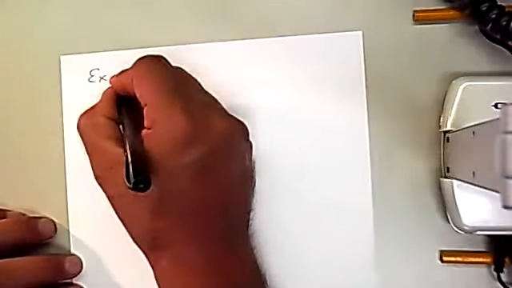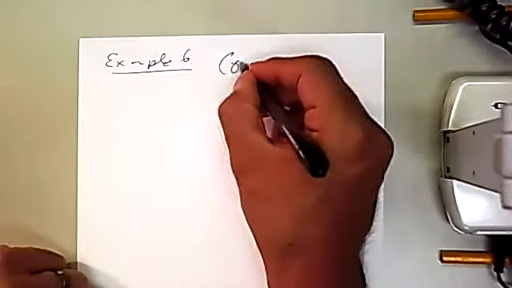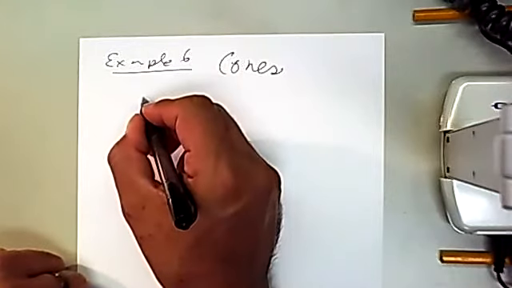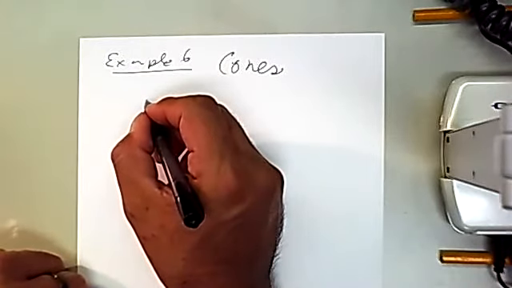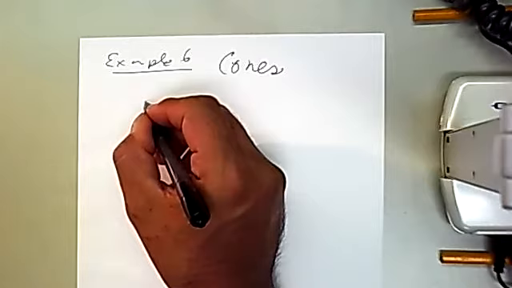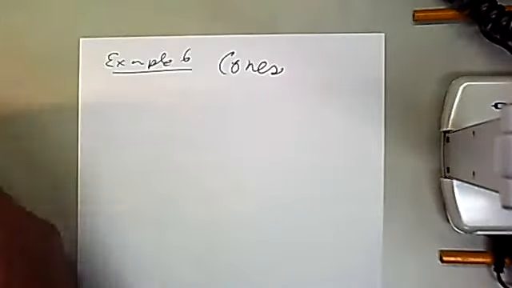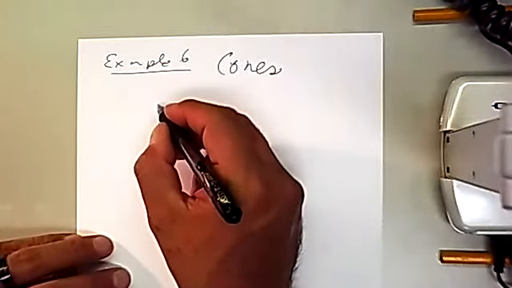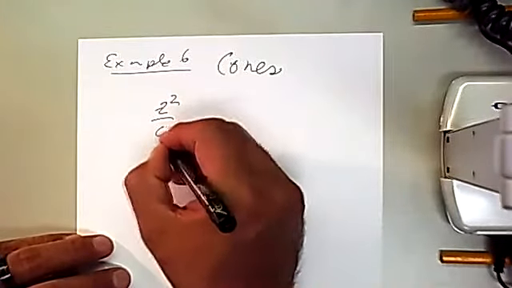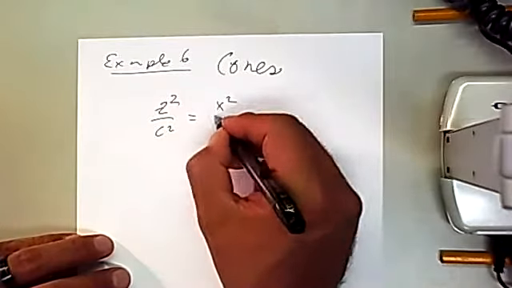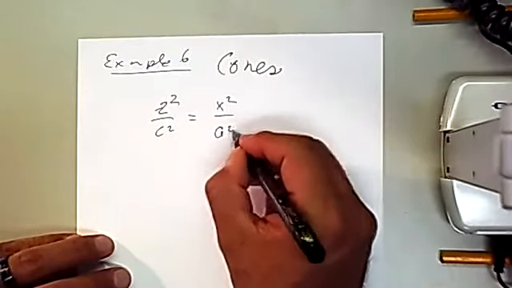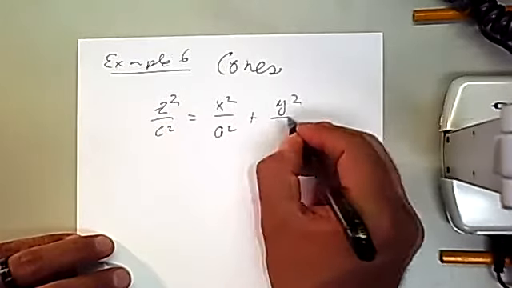Example 6. Cones. The difference between a hyperbolic paraboloid and a cone is that now we have z squared over c squared equals x squared over a squared plus y squared over b squared.